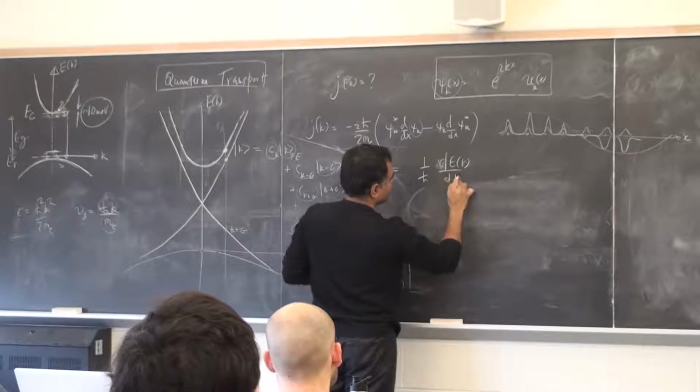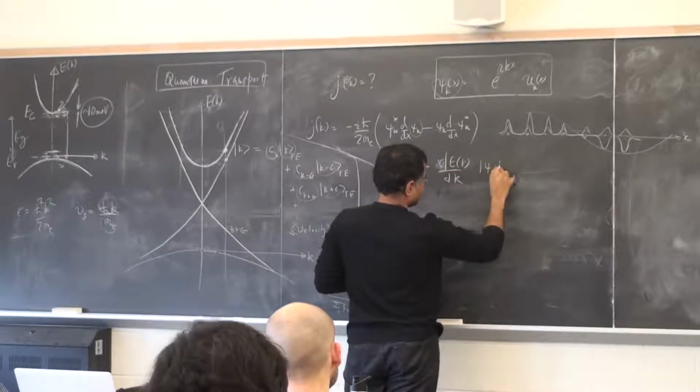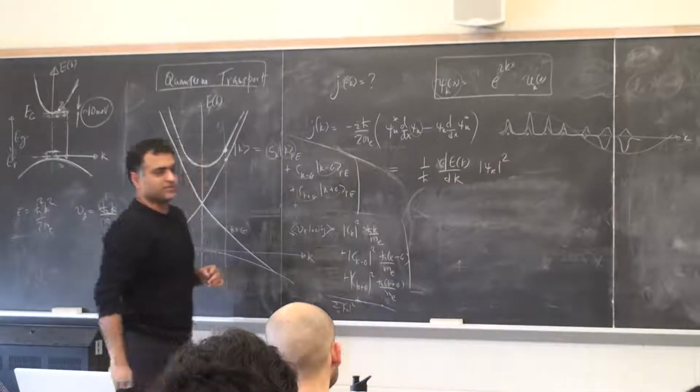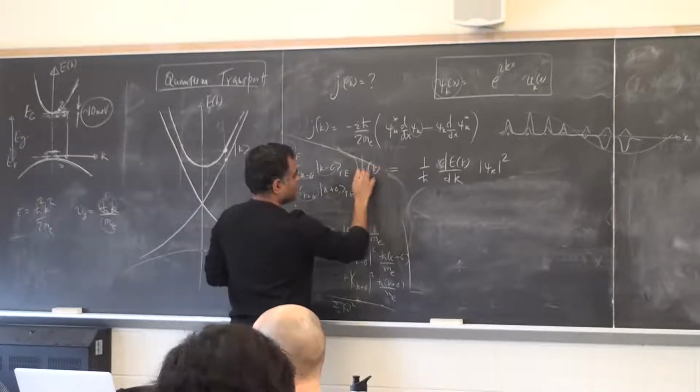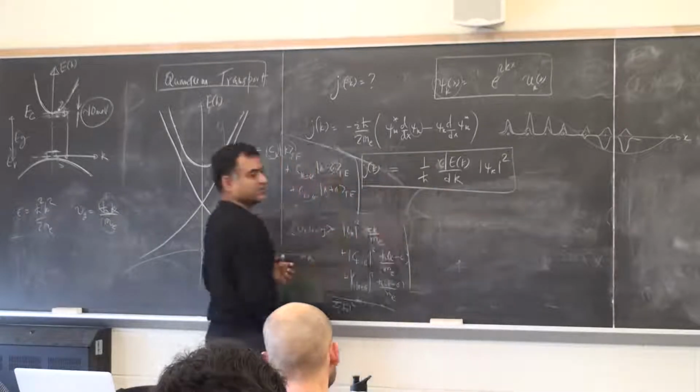This is an extremely powerful and almost remarkable theorem. It takes a little work to prove it, but it's fine. So this is the expression for the current carried by any Bloch state k.